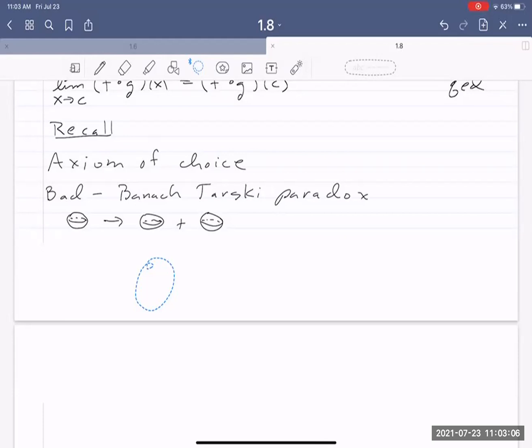It turns out that if I start with one orange, slice it into a finite number of pieces, it's either 3 or 7, depending on how you do the construction. Let's say 7 pieces. Then I can put it so that it is now 2 identical oranges from where I started.